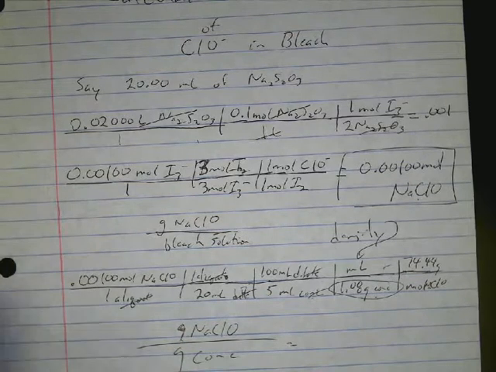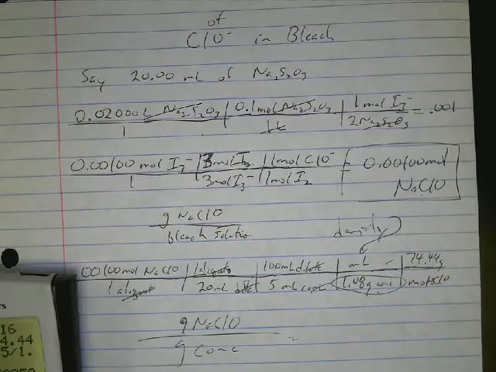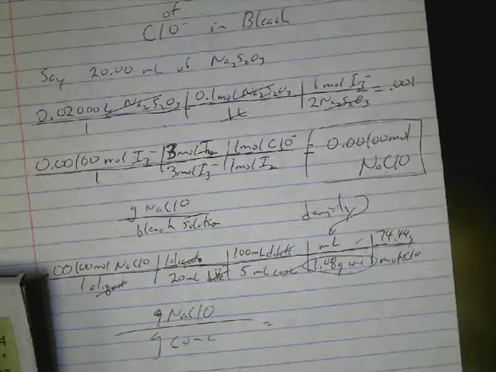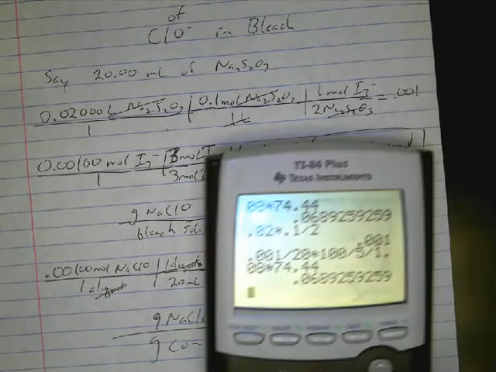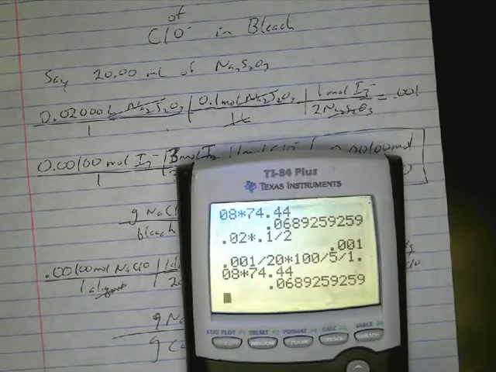My number for this was, I forget what it was, 0.001 divided by 20 times 100 divided by 5 divided by 1.08 times 74.44.